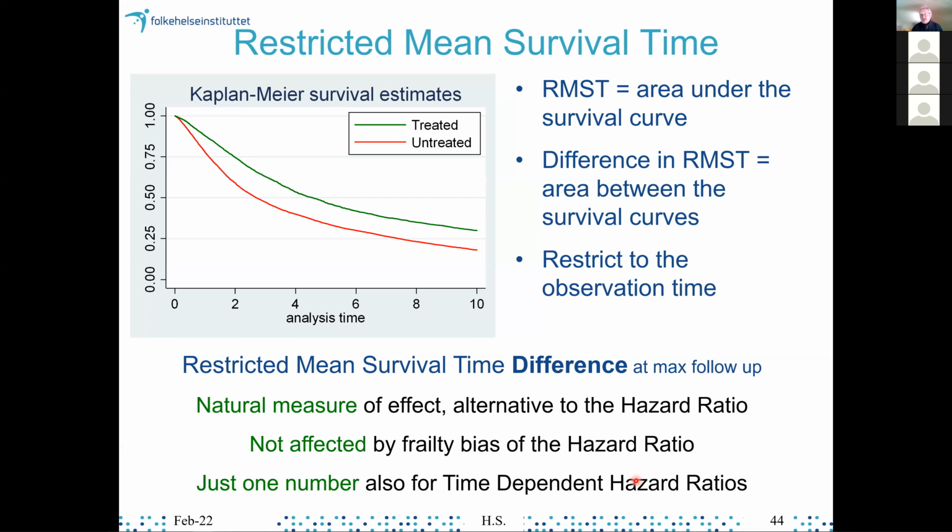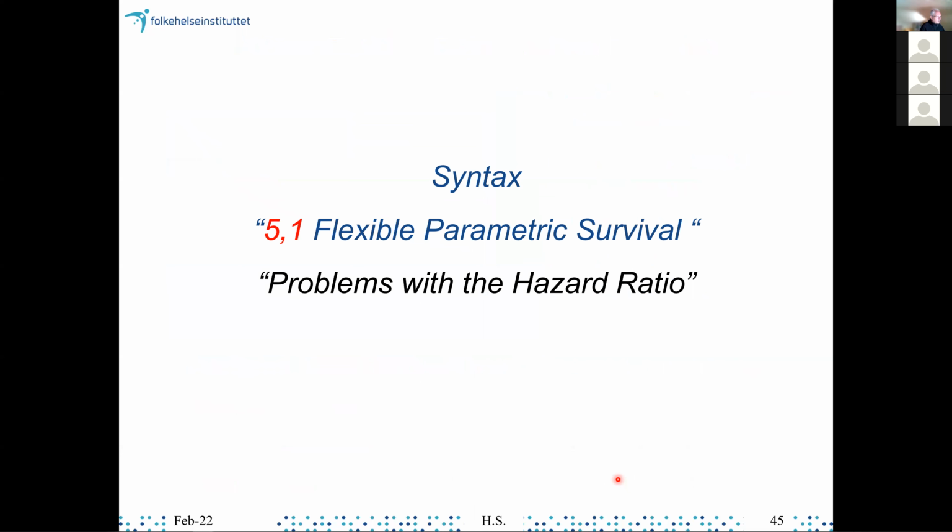The only downside is that lots of people aren't used to seeing this one. So my advice is, show the hazard ratio, discuss whether you are in a situation that might be problematic, and then show restricted mean survivals and differences as an extra bonus. Now let's take a look.